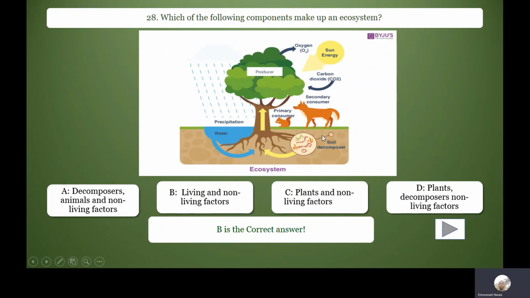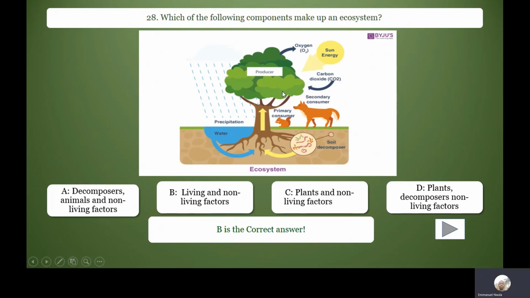The non-living factors, like the soil, the light energy from the sun, the gases like oxygen, carbon dioxide, are interacting with the living factors. For instance, the plants will get the light energy from the sun to make food.